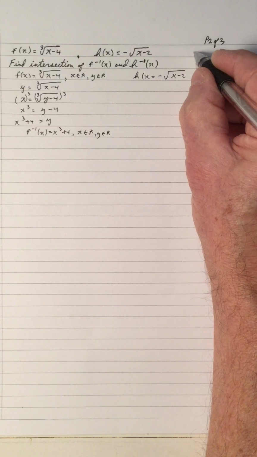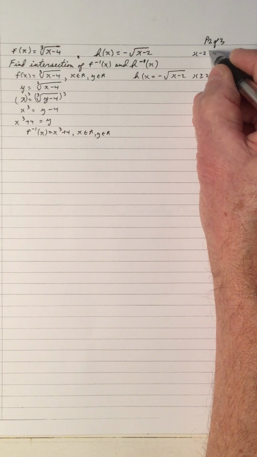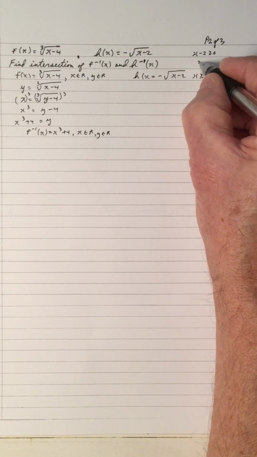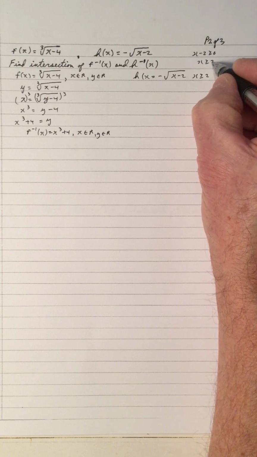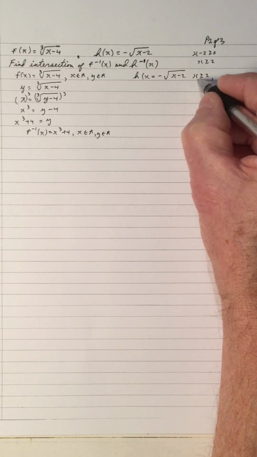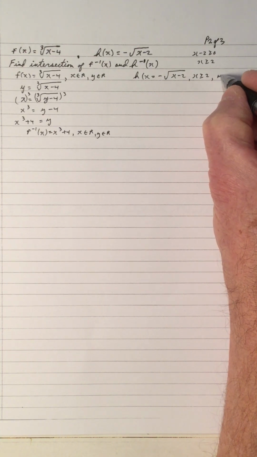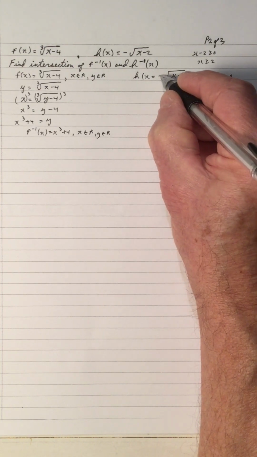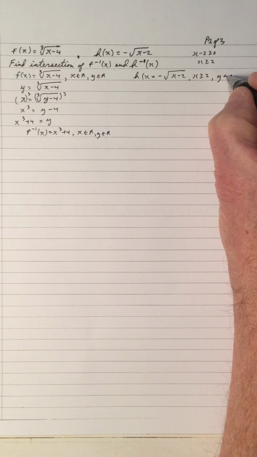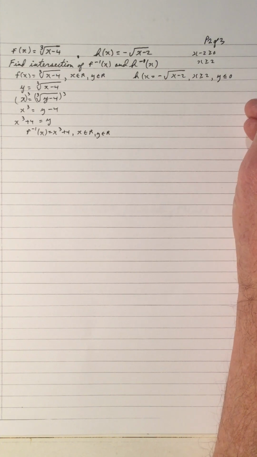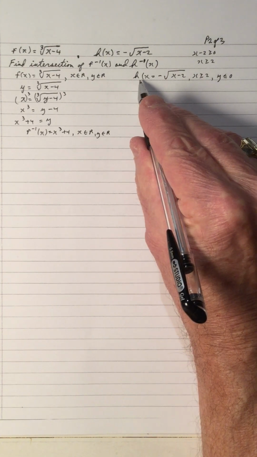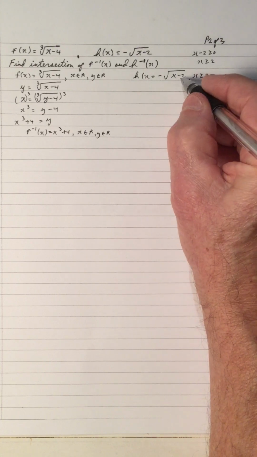So what you do is say x minus 2 is greater than or equal to 0, so x is greater than or equal to 2. That's the domain. And the range, there's a 0 on the end, so the y value starts at 0, but it is negative, so the y value is less than or equal to 0. So that's the domain and range of the h of x, which is a square root function.